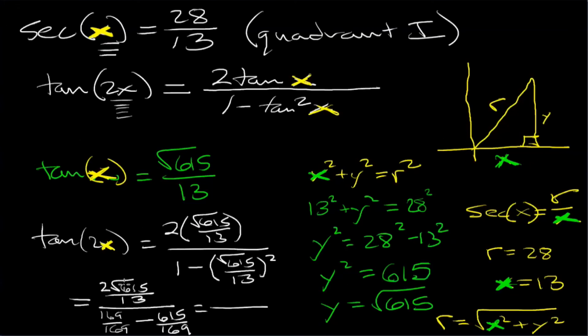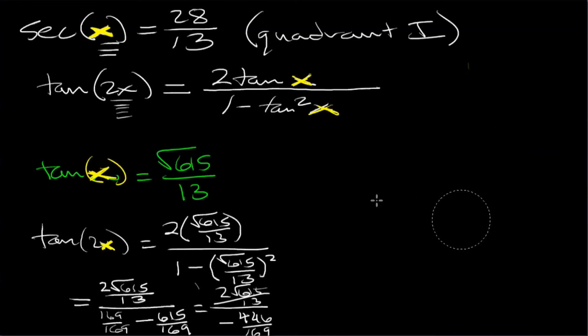And so now we have 2 root 615 over 13, and 169 minus 615. So it's going to be negative 446. All right, that sounds right. Okay, and so then this part I can copy dot flip. Benefit of using digital. Okay, so then we'll use copy dot flip.